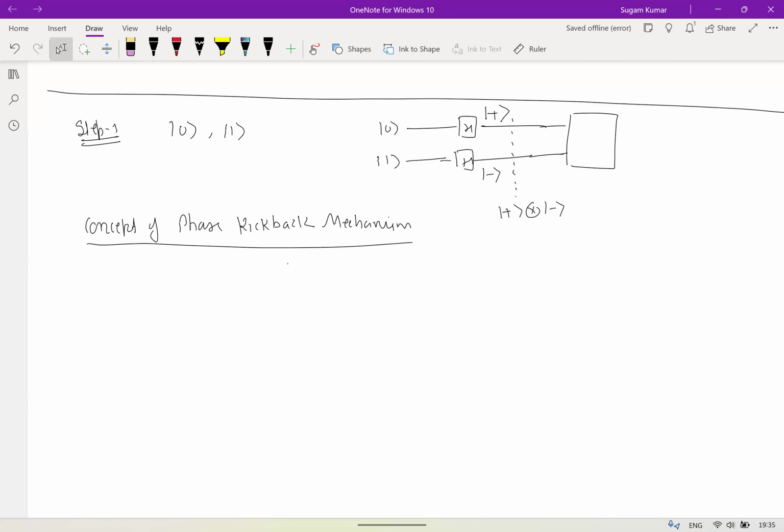See, this is X and this is Y, and you know that the oracle is designed in such a way that when it acts on the states X and Y, it will produce X as such, and Y is going to be Y modulo 2 addition of the function f(x).